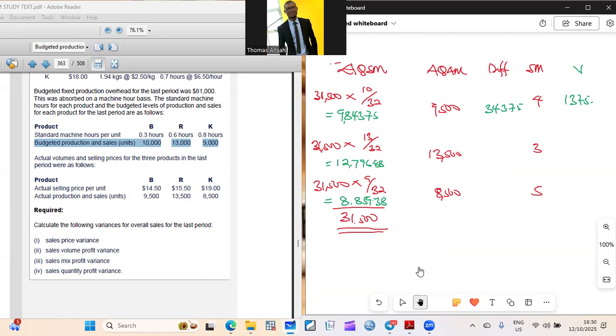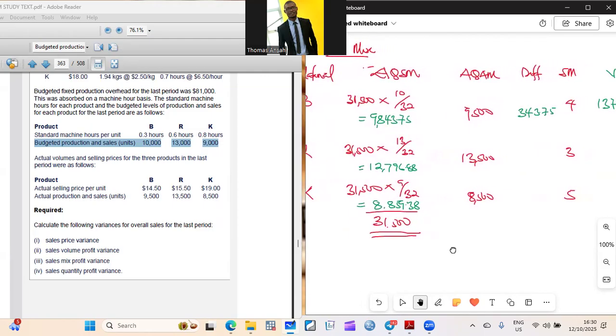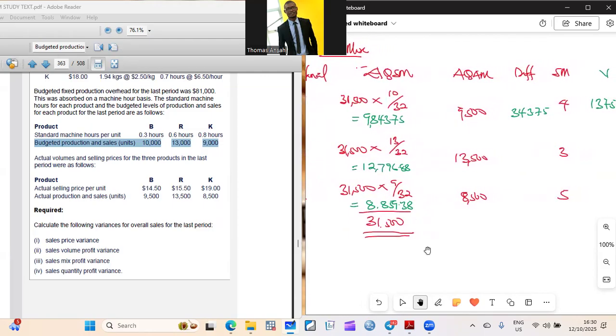Can you explain to me why that is adverse? The standard was higher than the actual.